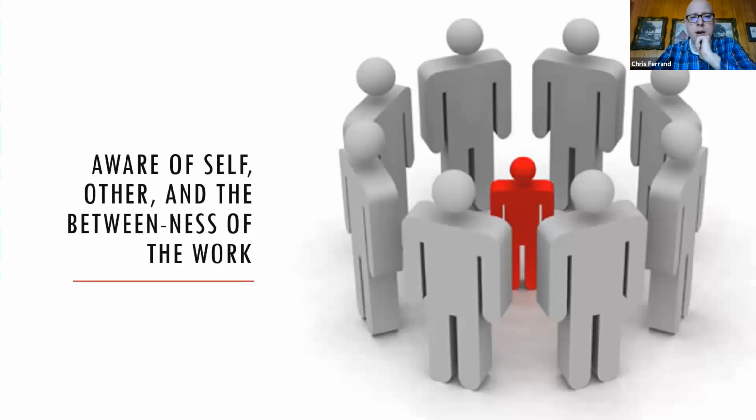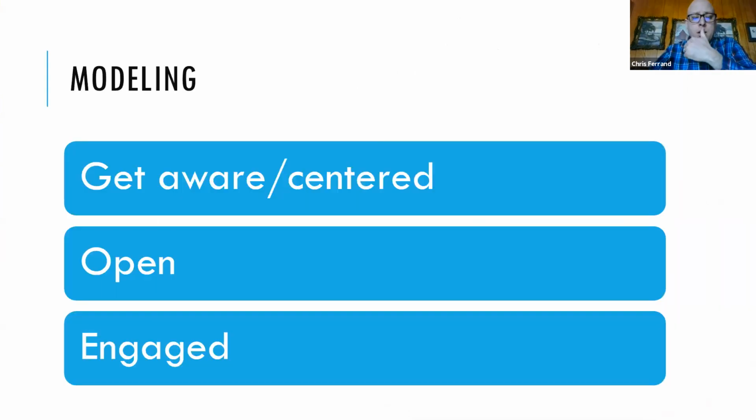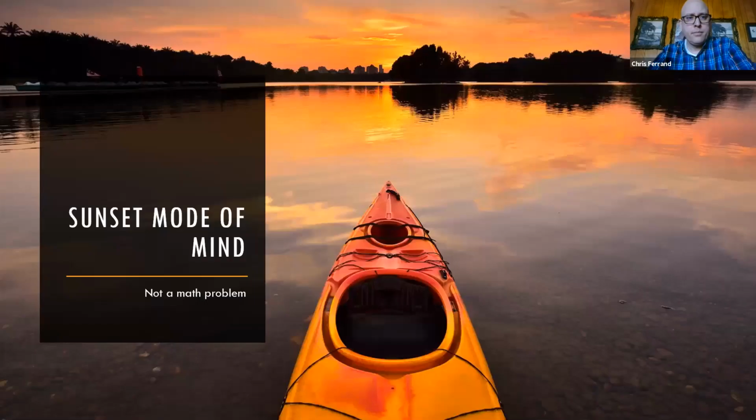So getting centered, we want to be aware of ourselves, aware of the other, and the betweenness of the work. And we want to model. So aware, centered, open, and engaged. Sunset mode of mind, not a math problem.